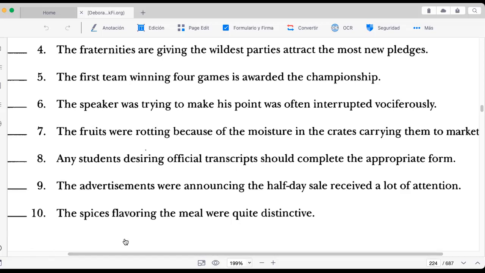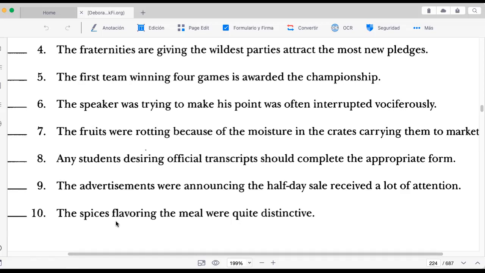I'm listening to you. The speaker will be the subject, trying will be the verb, and I think that we have two verbs, so we don't have a subject, so I think it's incorrect.